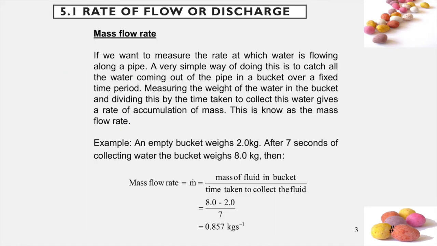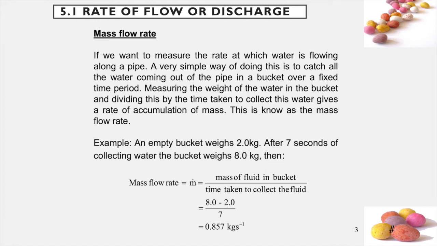Now we go to the first one, mass flow rate. If we want to measure the rate at which water is flowing along a pipe, a very simple way of doing this is to catch all the water coming out of the pipe in a bucket over a fixed time period, measure the weight of the water in the bucket, and divide this by the time taken to collect the water.